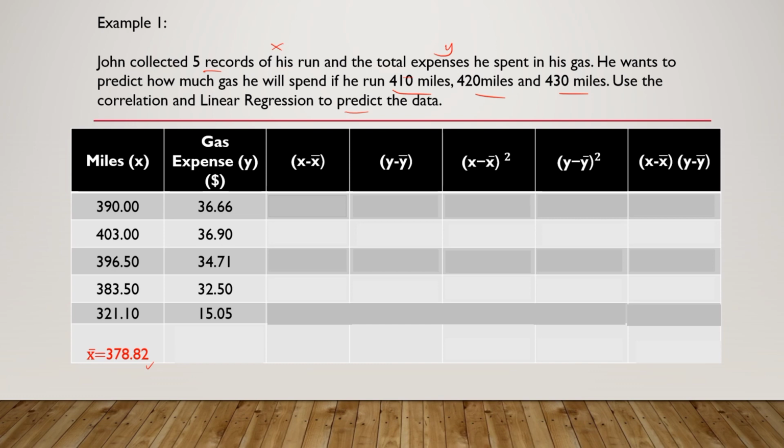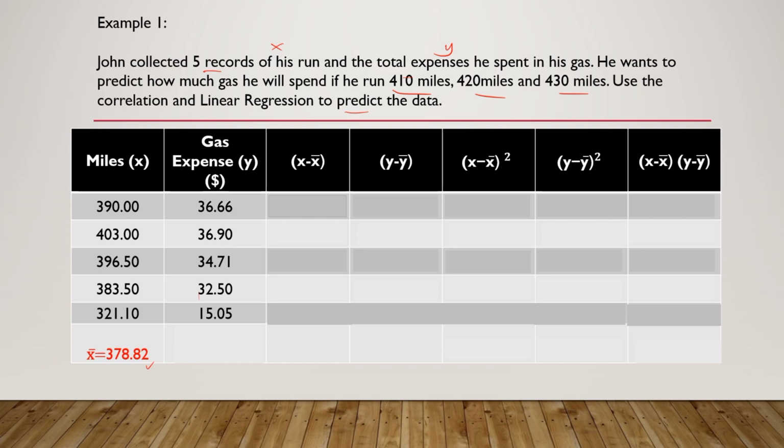So for you to understand, solve along with me. Try to compute all this data so you can practice how to solve this linear regression equation. This is just similar to the computation in our first topic. Next, solve for y bar.